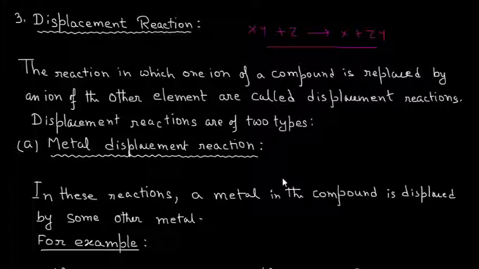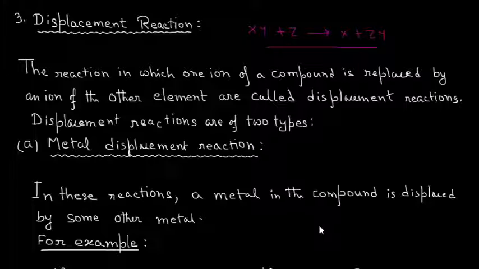So there are two types of displacement reaction: metal displacement reaction and non-metal displacement reaction. In a metal displacement reaction, a metal in a compound is displaced by some other metal.